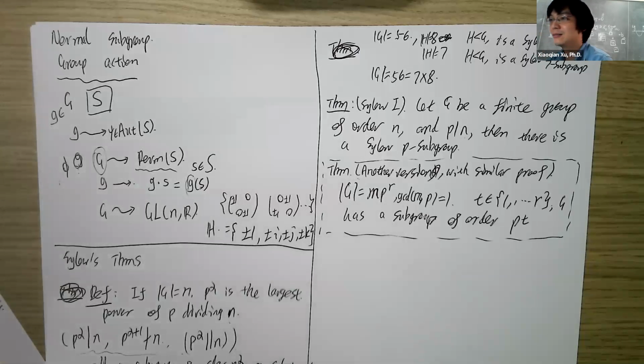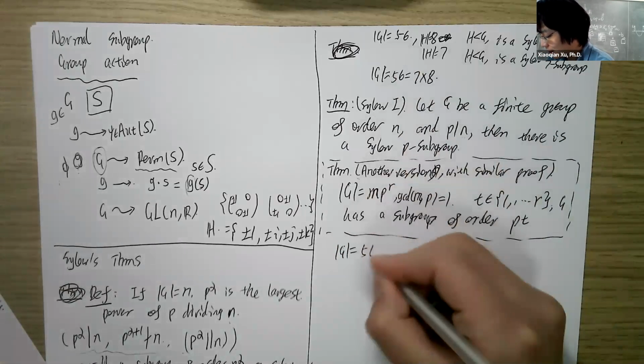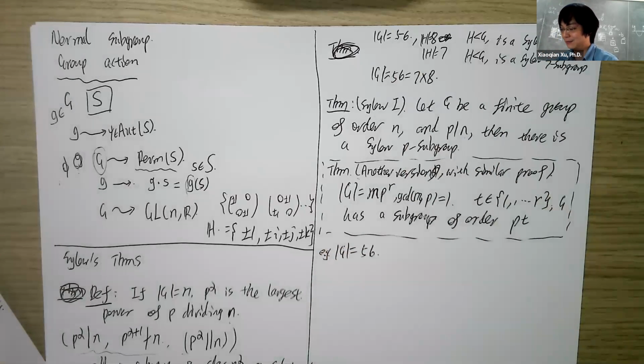However, this doesn't mean that the converse of Lagrange's theorem is true. For instance, say G's order is 56.